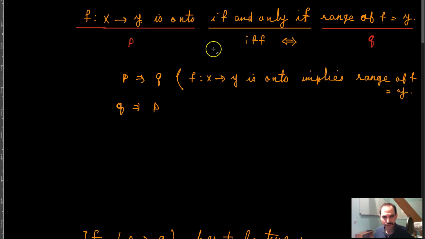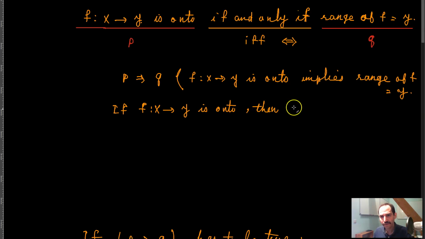Another way of writing the same thing, and I don't want to confuse you here, is that if f as a function from x to y is onto, then the range of f is equal to y. And you can do the same thing for the other part as well. So this was for P implies Q.